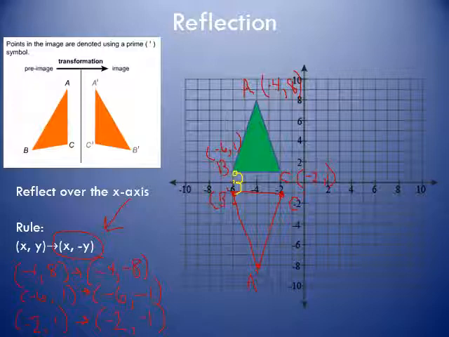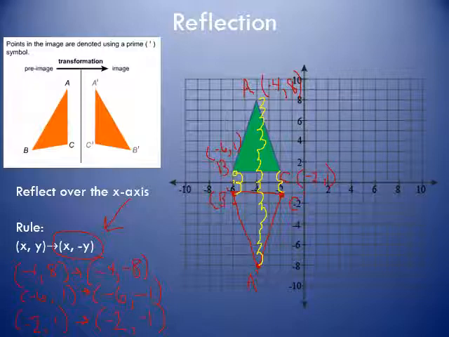And then if you look at C, same thing, C, C prime. They're both 1 unit away from the x-axis. And then your A prime is 8 units away. And A is 1, 2, 3, 4, 5, 6, 7, 8 units away from the x-axis.